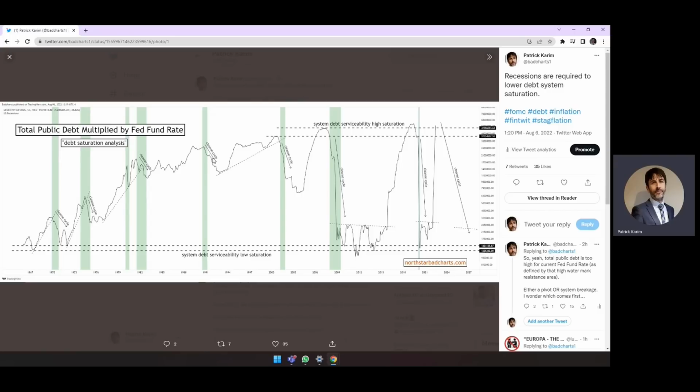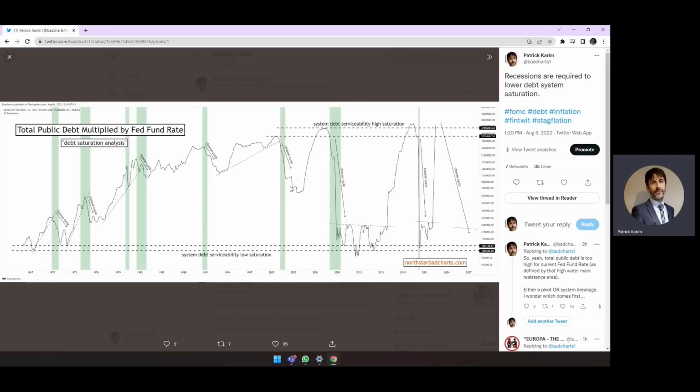Here, the recession was here, but the cleansing lasted a good time. And here's 2000. In 2000, it hit a wall, a breakdown from this rising trend line, a cleansing cycle, and then there was a recession in the midst of that cleansing cycle. But even if the recession was technically over, the cleansing cycle continued. So either the rates kept going down or there was less public debt, and that resets saturation.